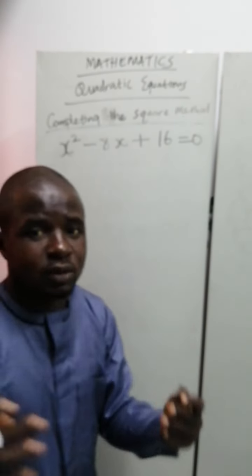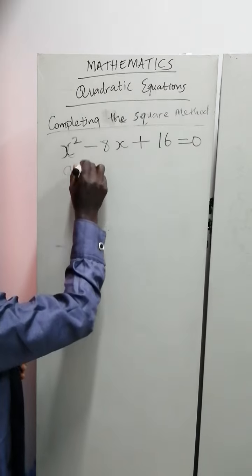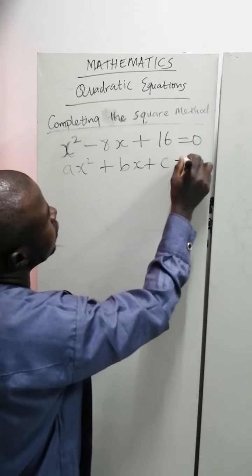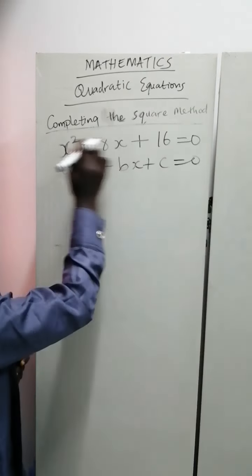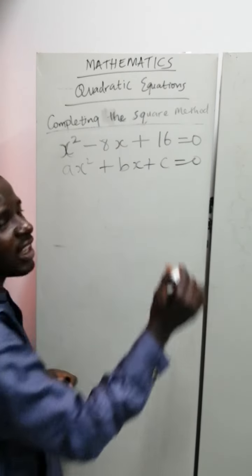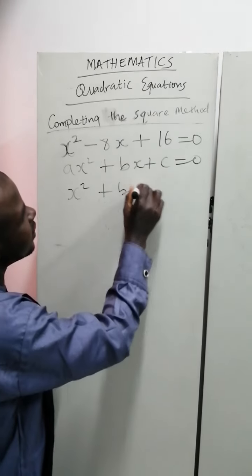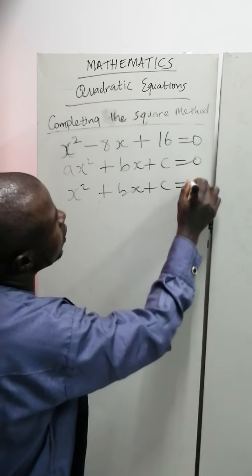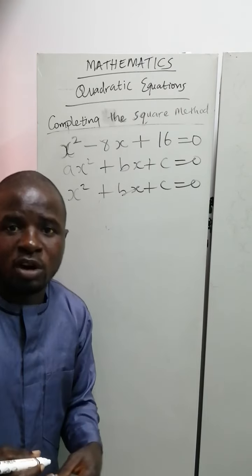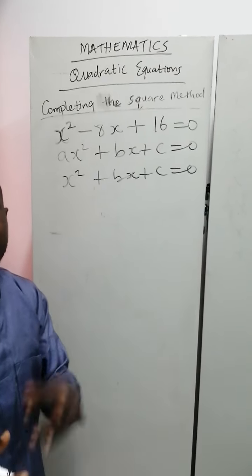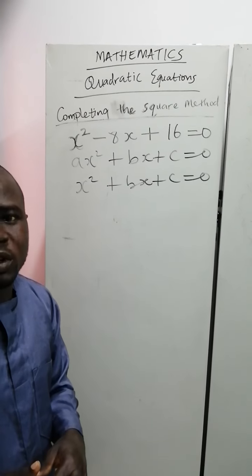The definition of a quadratic equation is ax squared plus bx plus c equals 0. Anytime we are working on a quadratic equation, the first thing that should come to our mind is to identify a, b and c in the equation given to us.